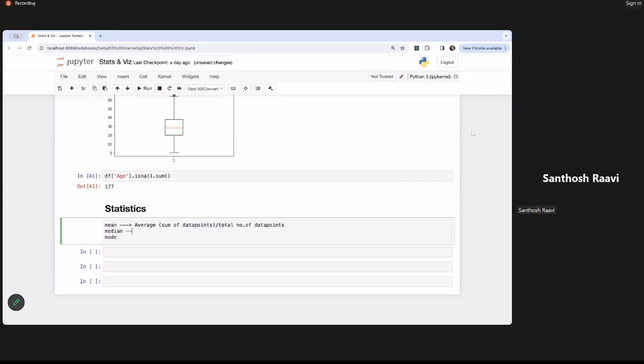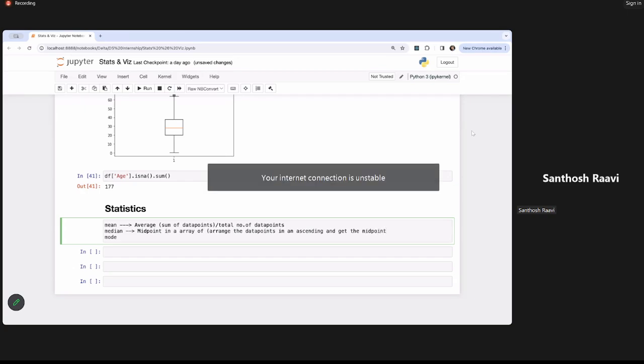Okay, what about the median? Median is nothing but the midpoint in an array. So first what you will do, you will arrange the data points in ascending order, and get the midpoint.